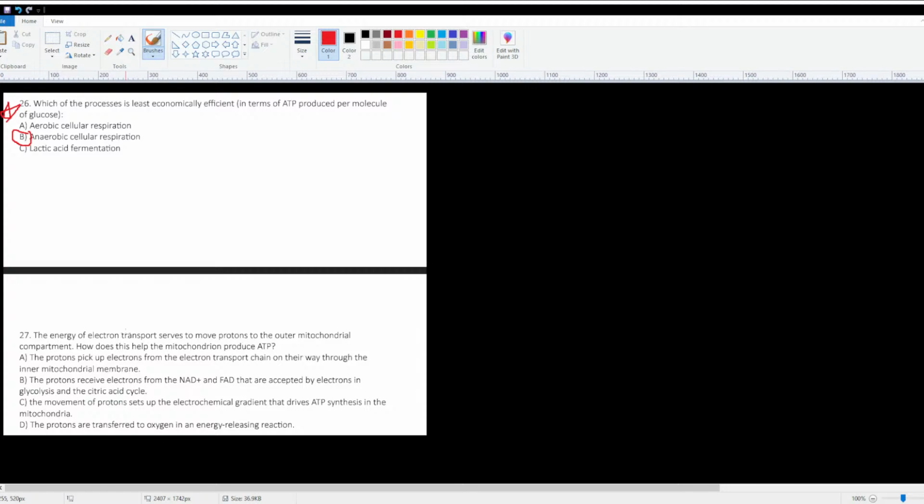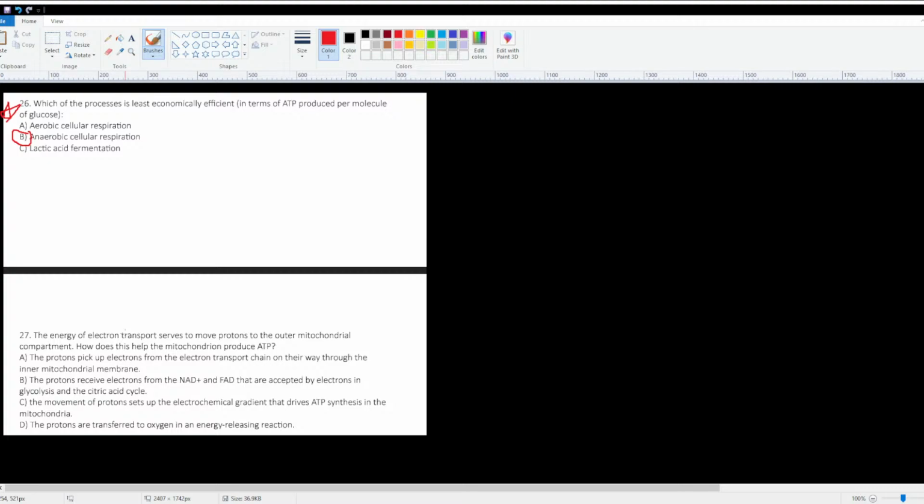So I would say the answer is B because there's barely any ATP being made compared to aerobic. Anaerobic would be with a lack of oxygen. And when we're lacking oxygen, we're lacking that final electron acceptor in the ETC, which means we can't do anything.